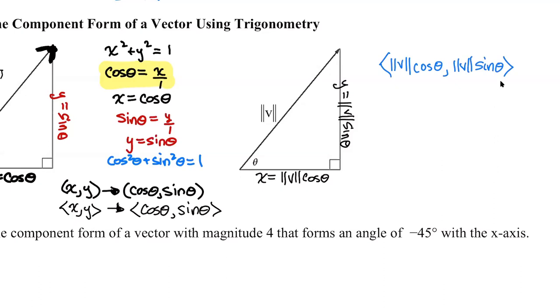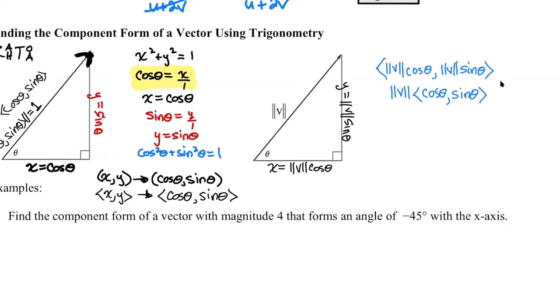But even better, since magnitude is itself a scalar, I could say magnitude of v times cosine theta, comma, sine theta. So little chuckle here because you see that cosine theta, comma, sine theta, and if it just registered in your mind, okay, so the only way I can get a question like this right is if I know the unit circle, then yeah, you're right where I need you to be. So this is the component form of a vector.